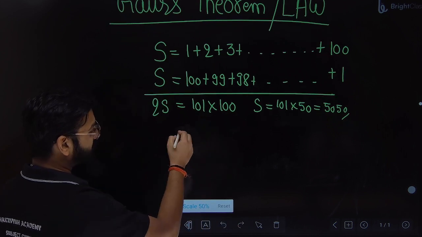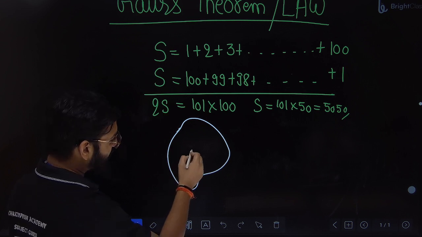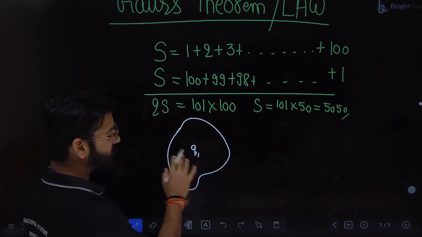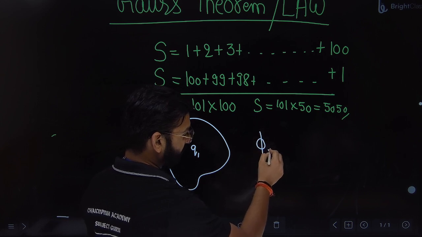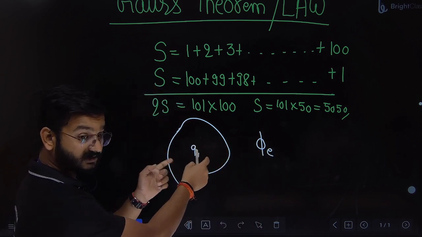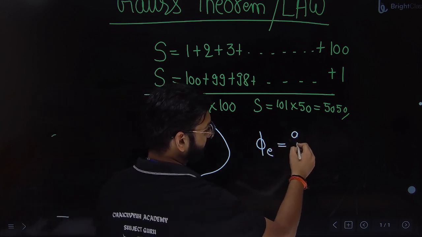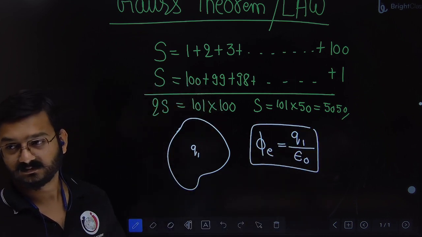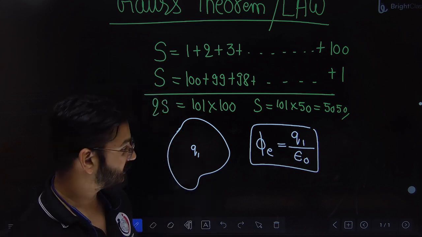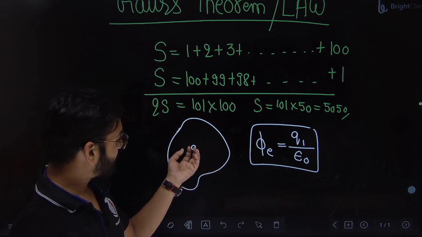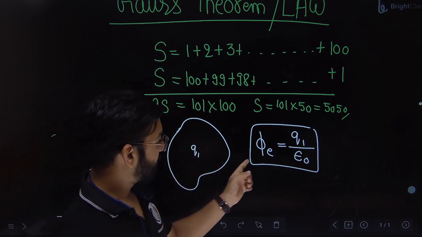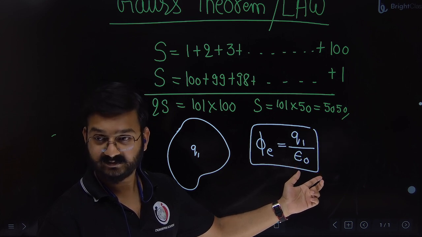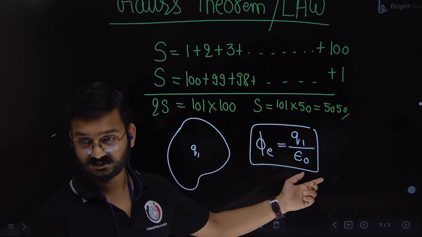So if you take a random shape closed surface and I keep a charge q1 inside it, the total electric flux passing through this closed surface will be the charge inside the surface divided by epsilon naught. This is the statement given by Gauss. Gauss tells for any closed surface, the electric flux passing through this surface should be the charge enclosed, means charge inside, divided by the permittivity of the medium. So here what medium is there? Vacuum. So epsilon naught.